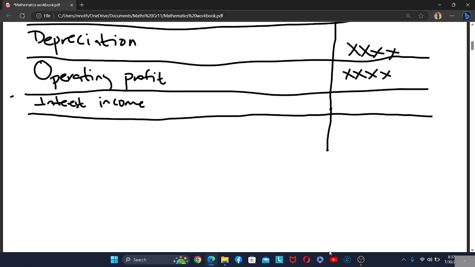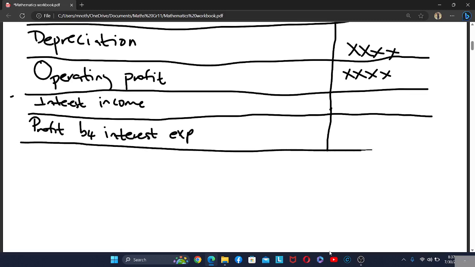And then thereafter, we are going to have the profit before interest expense. To get the profit before interest expense, we must say operating profit plus interest income. Then you get the profit before interest expense.